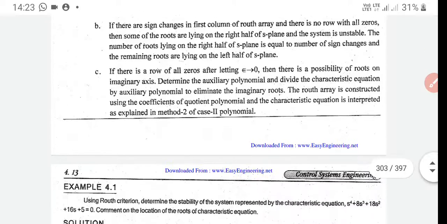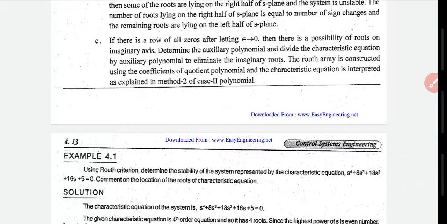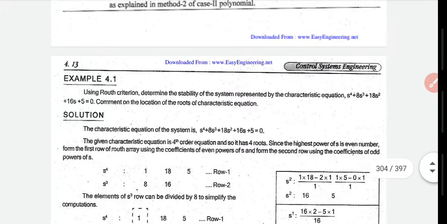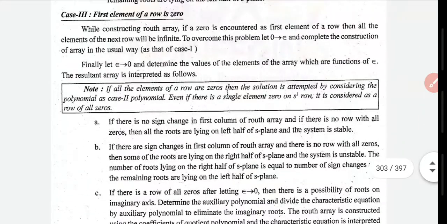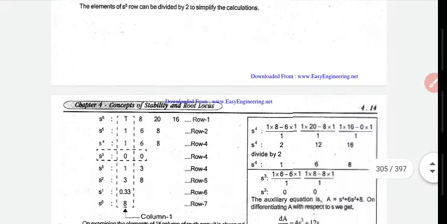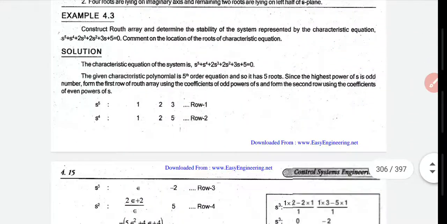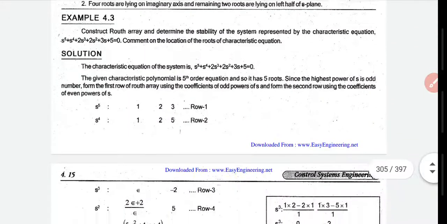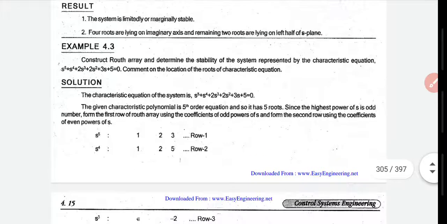That is nothing but using method 2 of case 2 polynomial here. Okay, like that you are considering the case 3. So see here, you can understand what is case 3: if any one of the elements is 0.